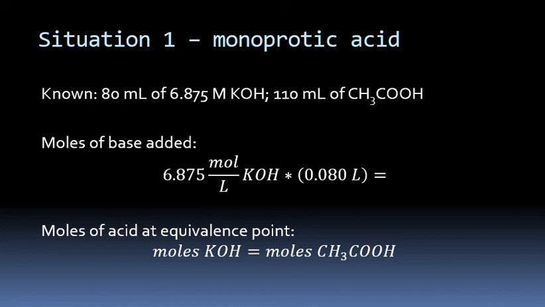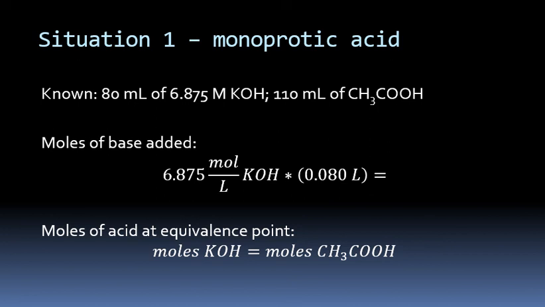In this case, always start out with determining what you know from the word problem. What we do know is that we needed 80 milliliters of our 6.875 molar KOH solution to reach the equivalence point or end point of our acetic acid solution mixture.